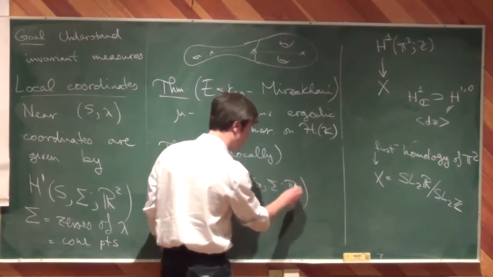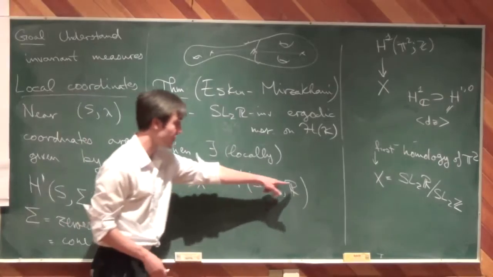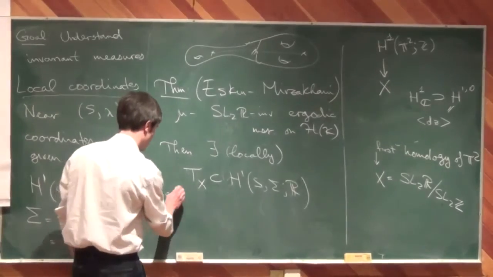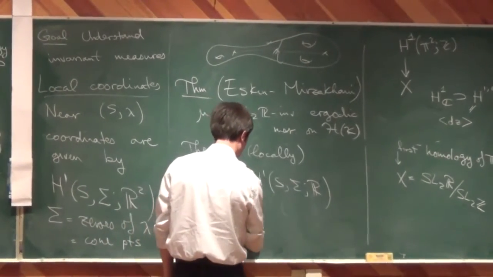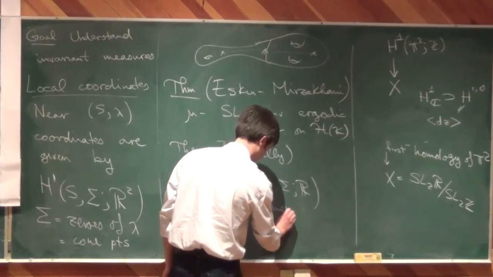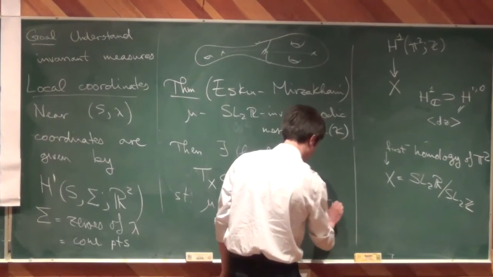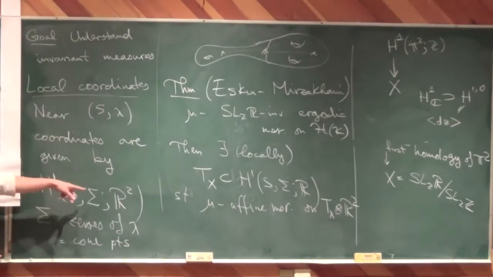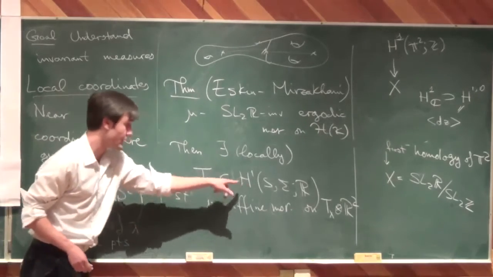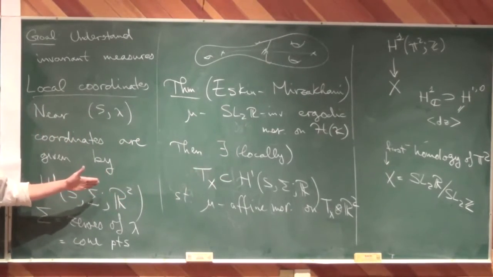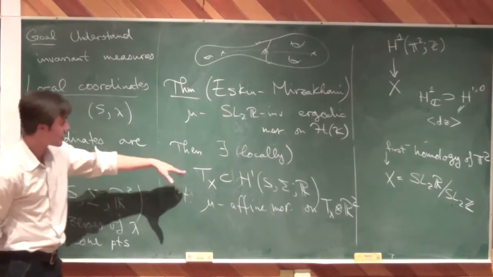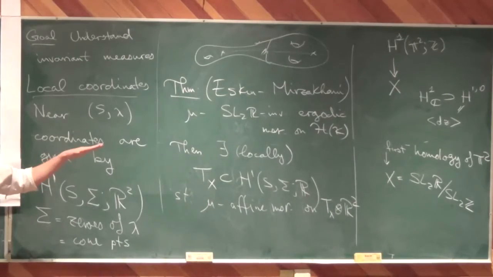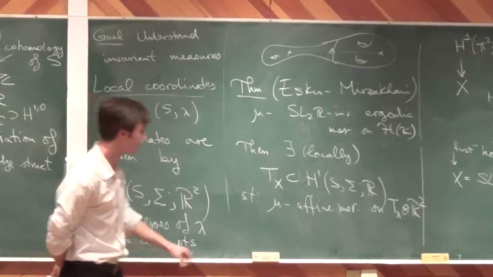In these coordinates, notice I'm only taking one R here and not two. There exists this subspace such that mu is basically an affine measure on it, and you tensor it with R2, so you take R2 coefficients. So this measure is given by a real subspace and by some affine measure on that real subspace. That's informally what their theorem says.